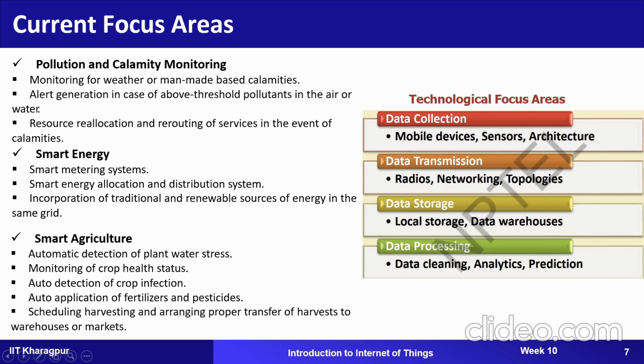Then after that you have to do some processing on that data. First of all you have to clean the data and remove the vague values from it, and after that you do some analysis, and on the basis of that analysis predictions or comparisons can be made, and after that some actions are taken accordingly.